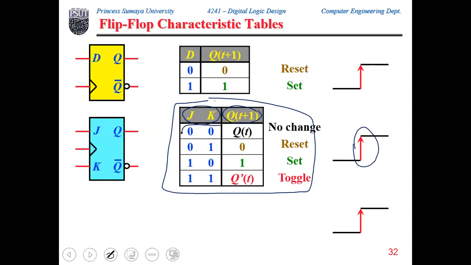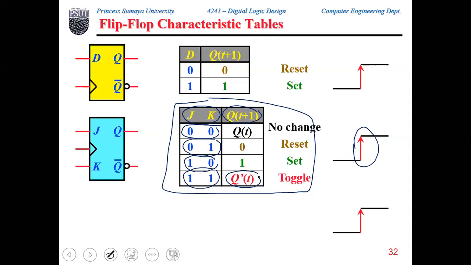We can hold the value, we can reset the value, we can set the value, and we can toggle or complement the value. This is the flip-flop that has the four different kinds of operations that we mentioned last time: you can hold, set, reset, and complement or toggle.